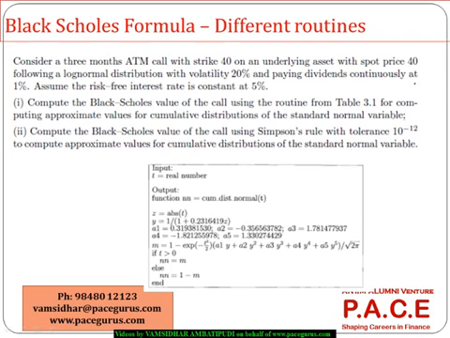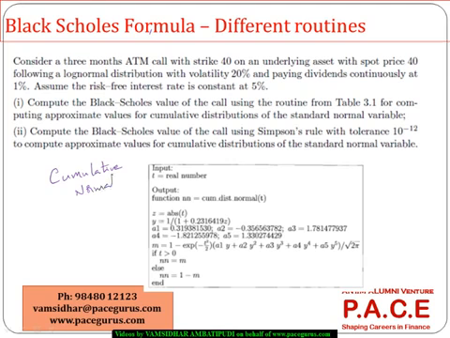Let's try to look at finding the price of an option using the Black-Scholes formula, but using two different kinds of mechanisms to compute the cumulative normal distribution value.